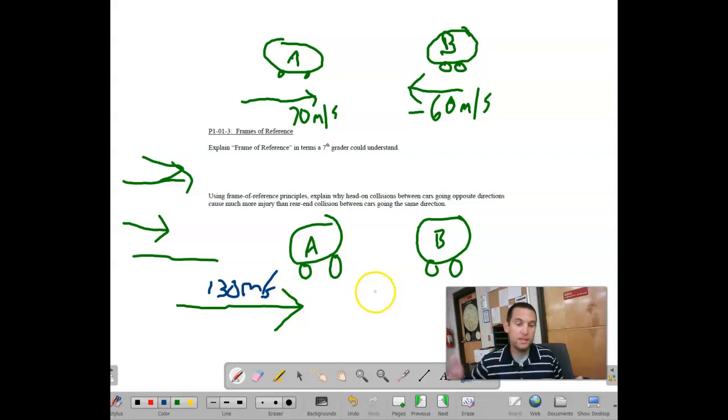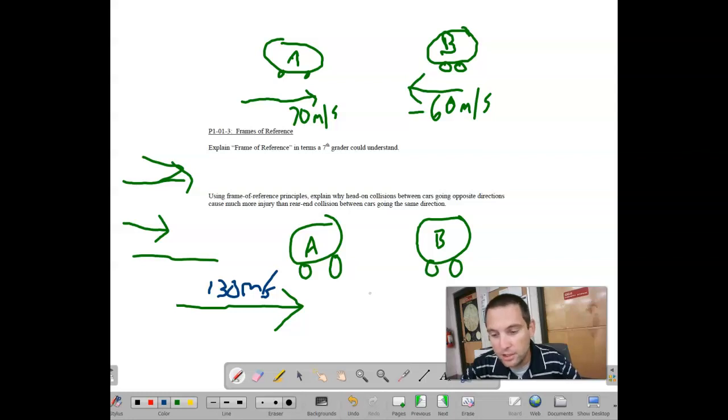So what that means is if you're in car A and car B appears stationary to you, it's the same thing as you hitting car B at 130 meters per second, or 130 miles per hour, whatever.